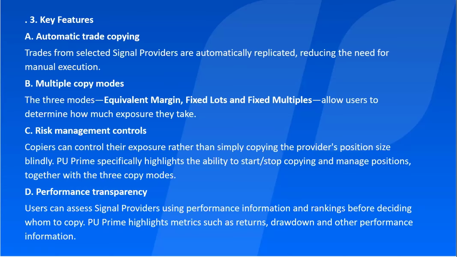You can see somebody making good amounts of money, but the risk is quite high, while another person makes close to good amounts of money, but the risk is quite less. PU Prime knows how to gauge this and puts the best signal providers at the top of their ranking. So when you go to the feature, you can see the top guys who are doing well in their trading executions.